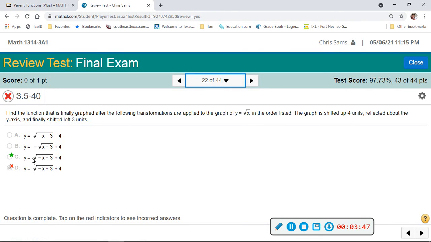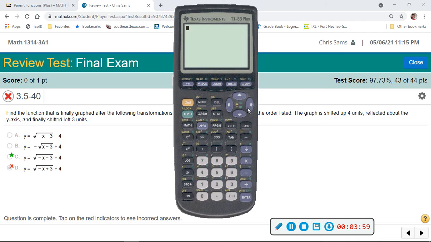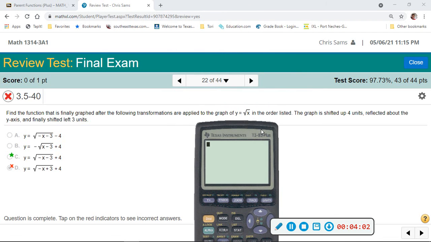Yeah, so that's the one I was debating about, when that transformation shifts left to right. So because of the opposite effect, remember what I was showing you in this graph, they wanted it shifted up 4, so that's the +4, all of those had it.